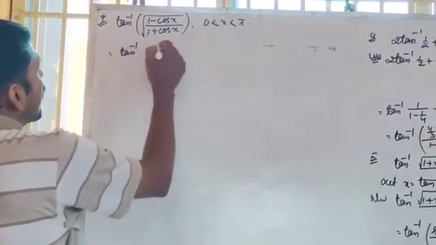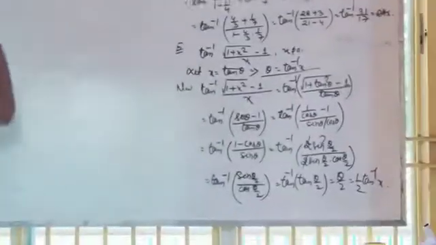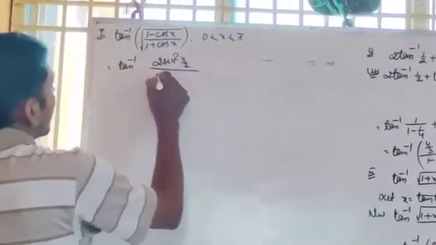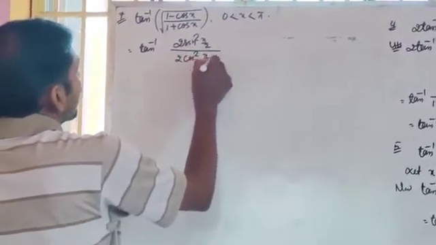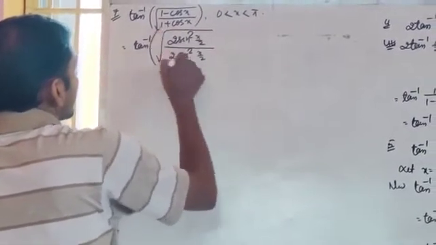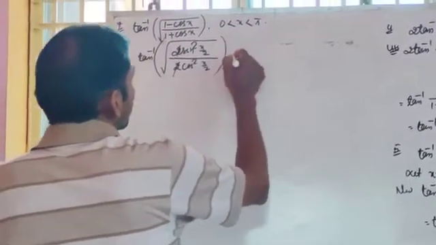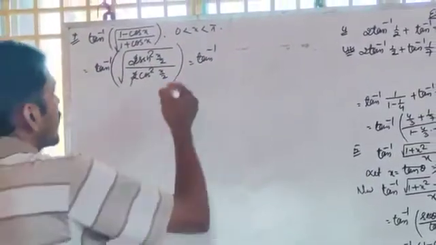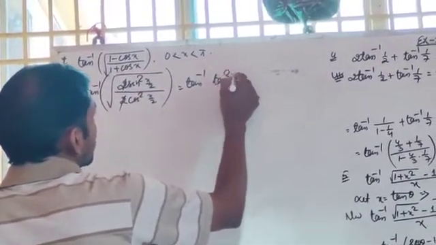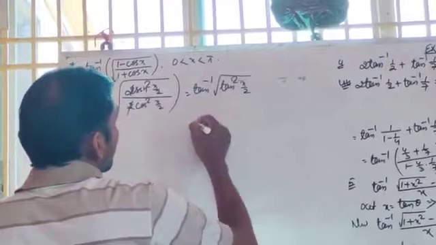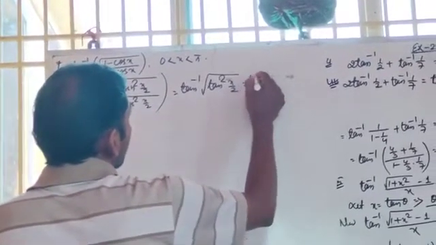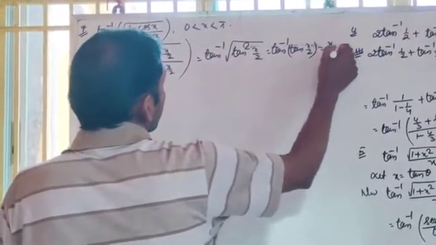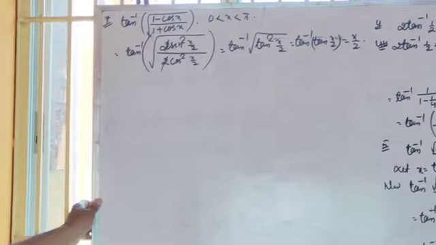You can write 1 minus cos x as 2 sin square x by 2, and 1 plus cos x as 2 cos square x by 2, whole root over. The 2 cancels. That is tan inverse of root of sin square by cos square, tan square x by 2. That is tan inverse tan x by 2, which is equal to x by 2. This is 1 mark.